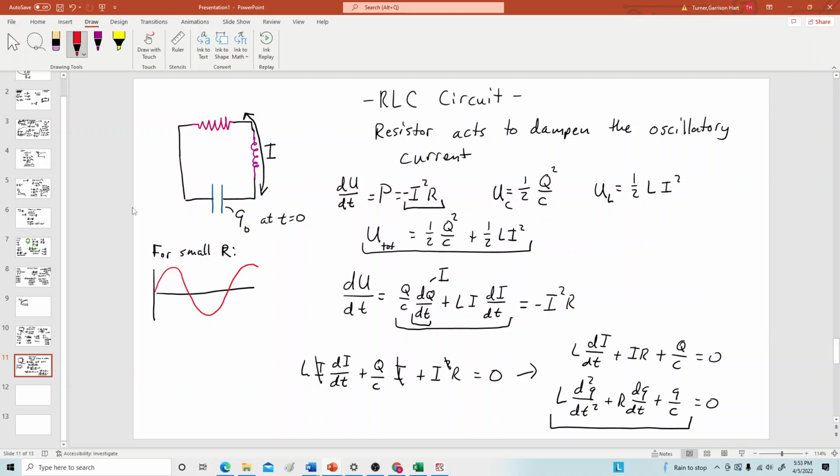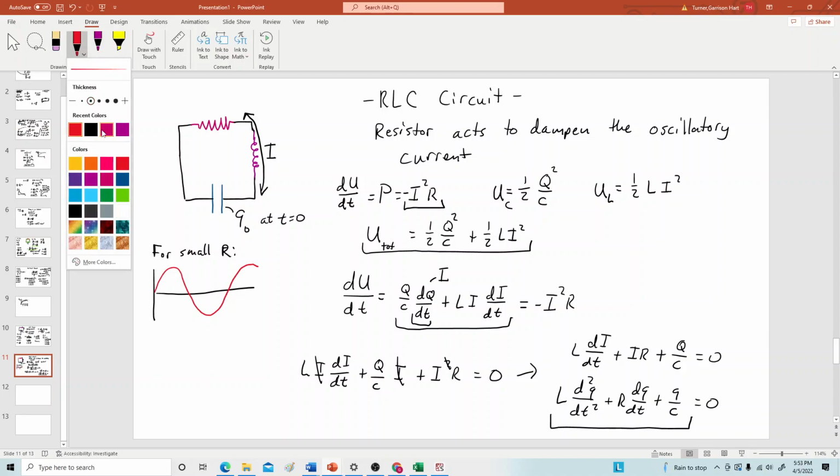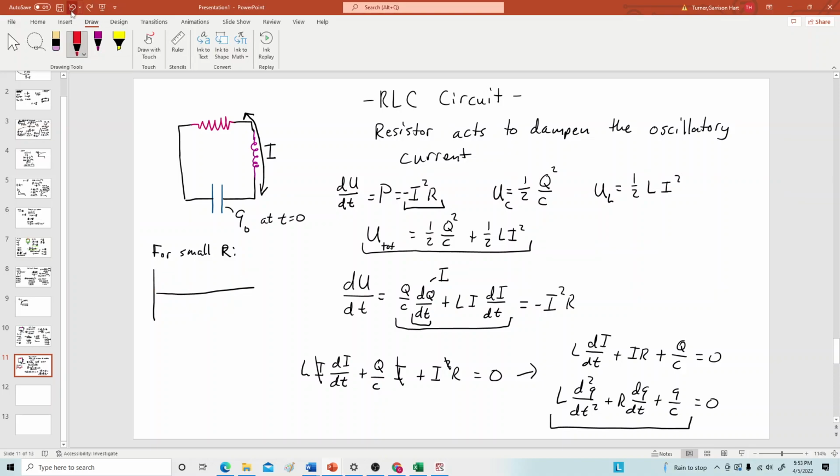If my current would be oscillatory, actually, if this is a cosine, then it needs to start up here. Okay, so that is my current without any damping.